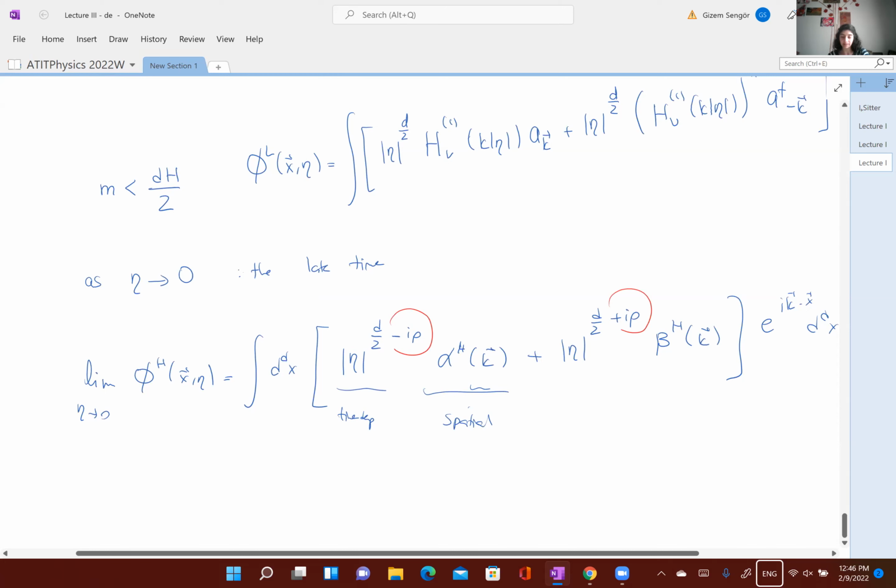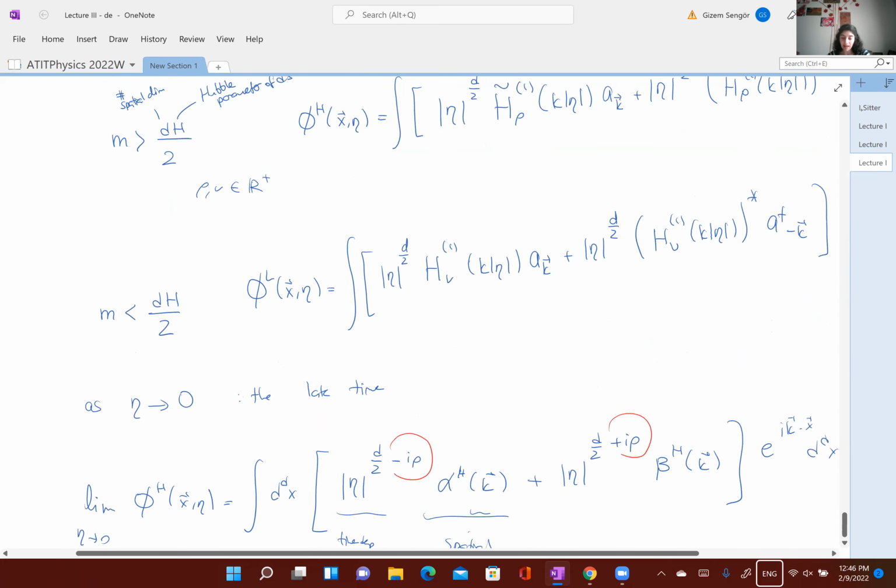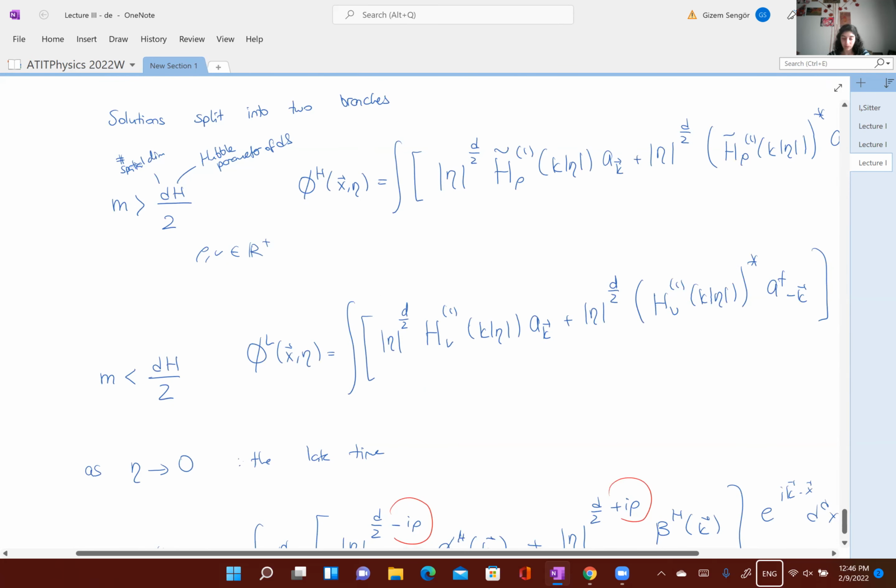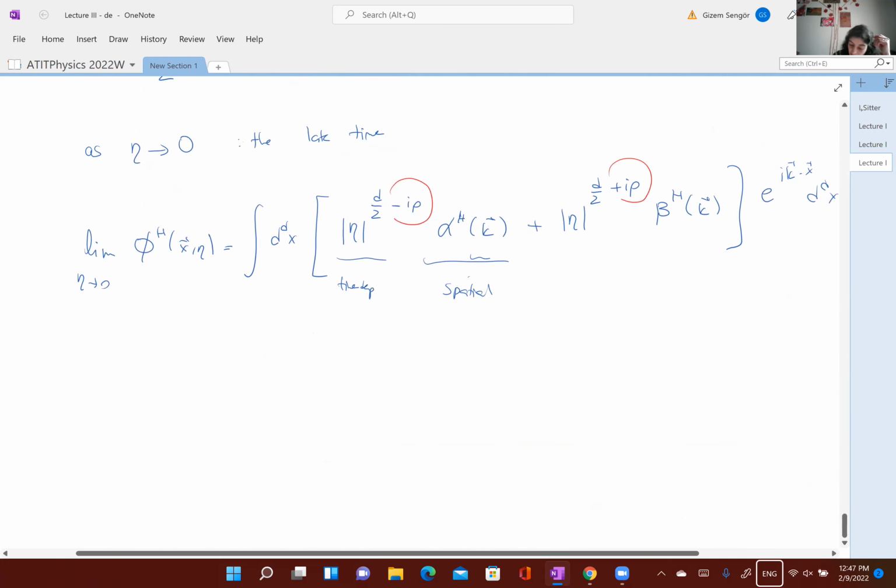You just read it off from the solution. First, you see that it has a shape like this. And then you look at what taking the limit as the argument goes to 0 brought from this Hankel function and its complex conjugate. And these come out to be built out of annihilation and creation operators. And they have some overall momentum dependence that matches this exponent.